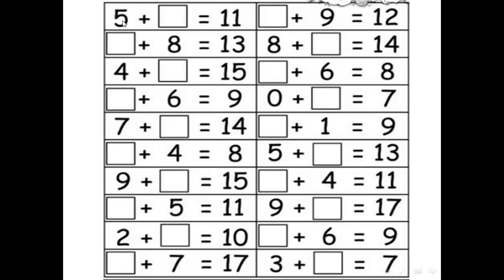We will count after 5 to reach 11: 6, 7, 8, 9, 10, 11. Good job. How many fingers do you have now? 6. Good job. So the result here is 6. Good job, Mahmoud, and thank you.